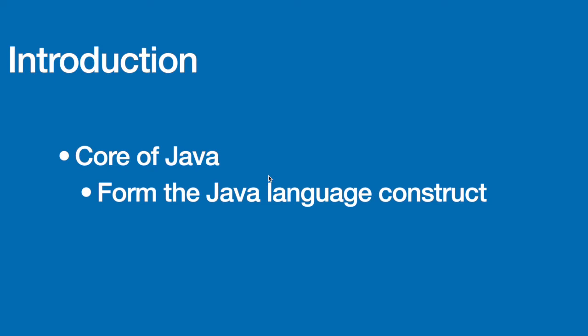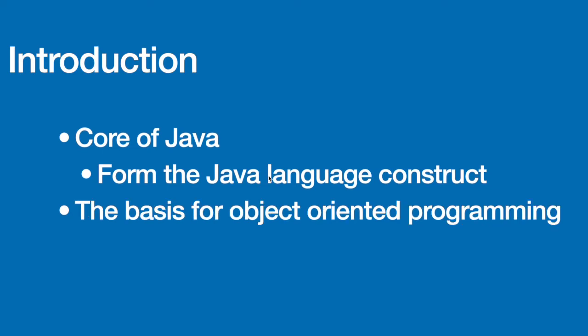Everything used in Java is encapsulated in Java classes. The Java class is the backbone of the Java programming language. It is the basis or the foundation for object-oriented programming.